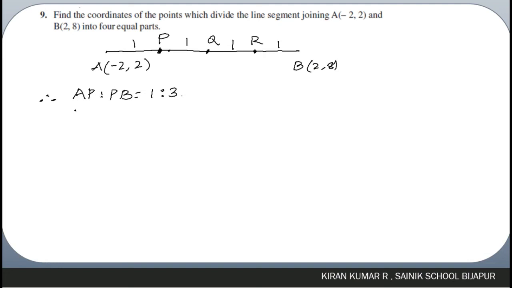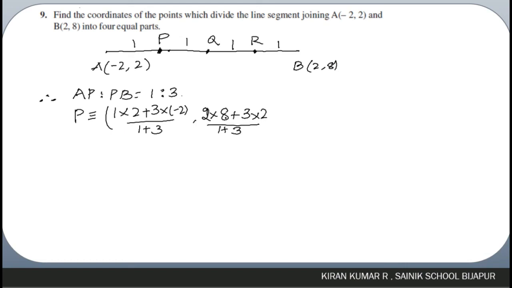So how do we find the coordinate of point P? This will be 1 multiplied by 2 plus 3 multiplied by negative 2 divided by 1 plus 3, comma 1 multiplied by 8, sorry, 1 multiplied by 8 plus 3 multiplied by 2 divided by 1 plus 3.